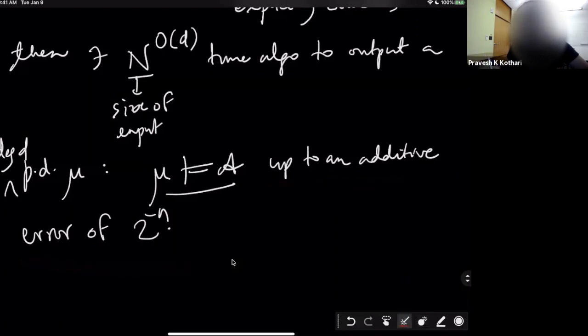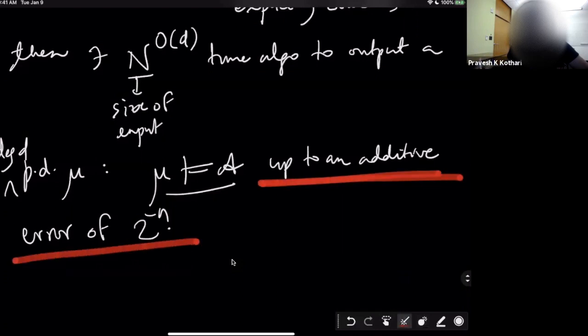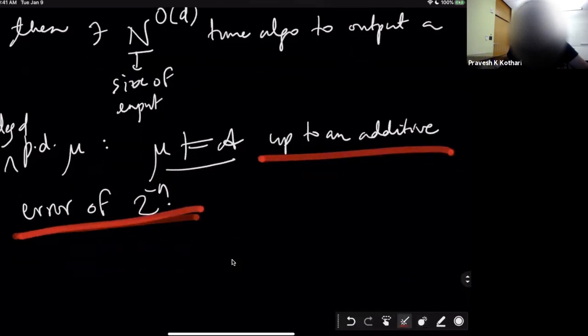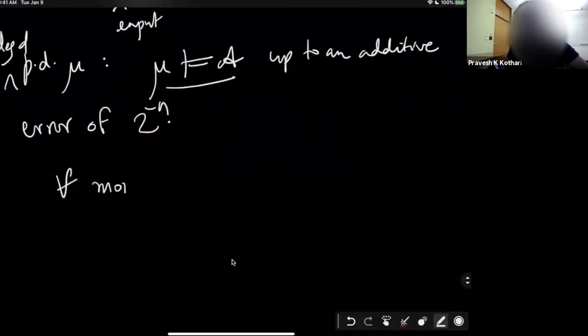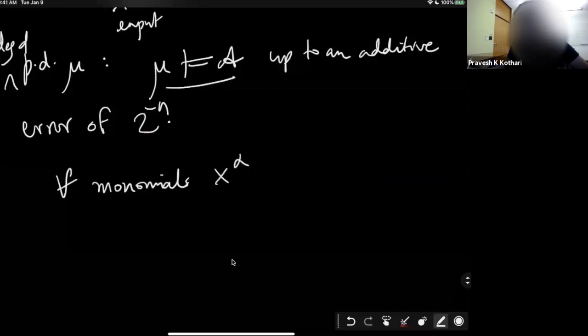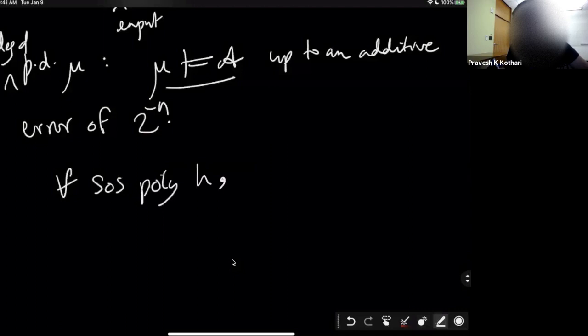Now I have to explain what it means to satisfy constraints up to an additive error of 2 to the minus n. It basically means that for all, let's say, monomials x^alpha, actually, for all SOS polynomials. So my constraints were for all SOS polynomials H.